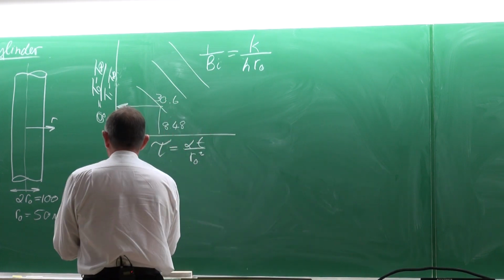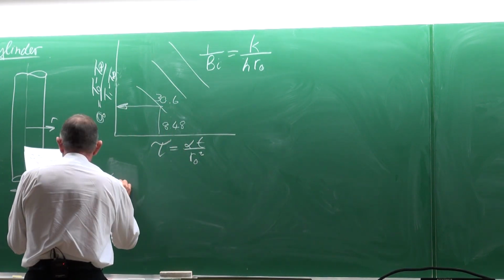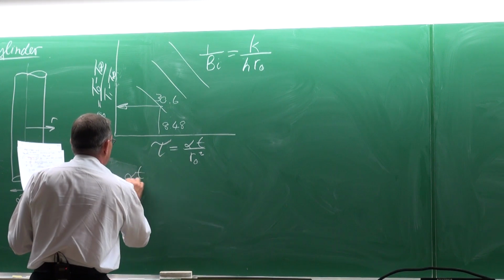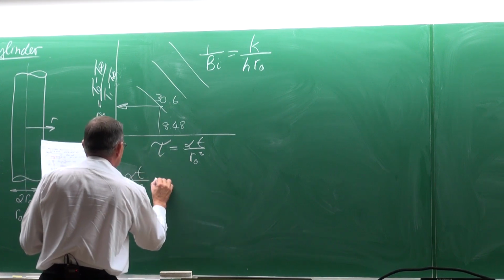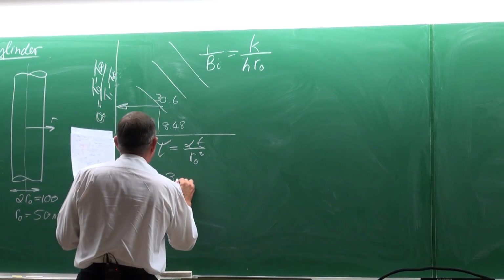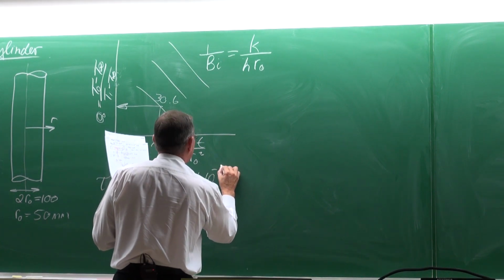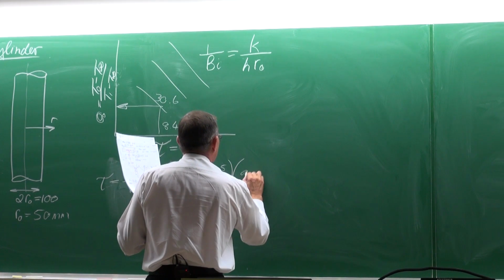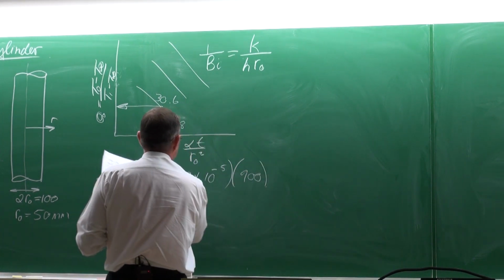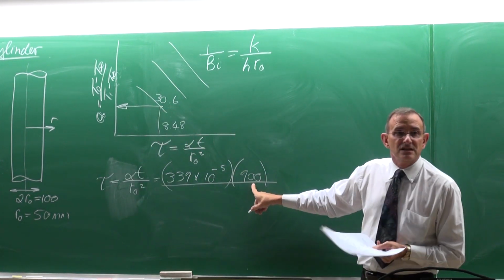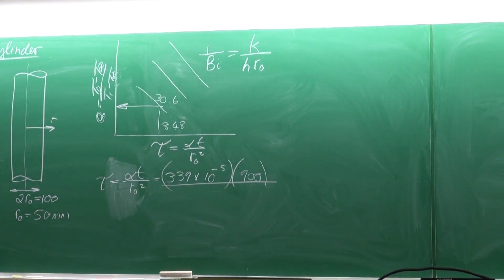So, if we go and calculate the non-dimensionalized time, it is equal to alpha t divided by R0 squared. Alpha is 3.39 multiplied by 10 to the minus 5, multiplied by 900 seconds. The 900 seconds is 15 minutes. Yep. So isn't alpha supposed to be 33.9?